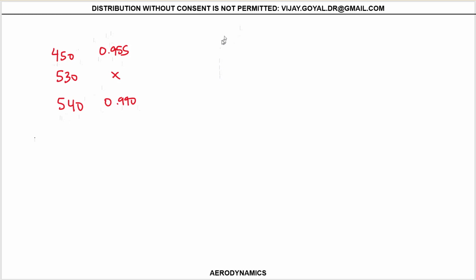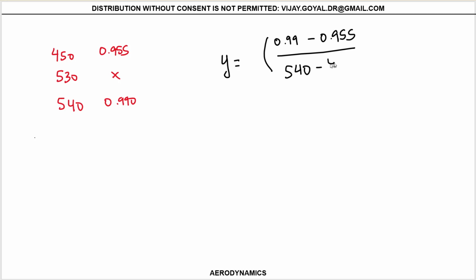The slope would be 0.99 minus 0.955, divided by 540 minus 450, times x plus b.